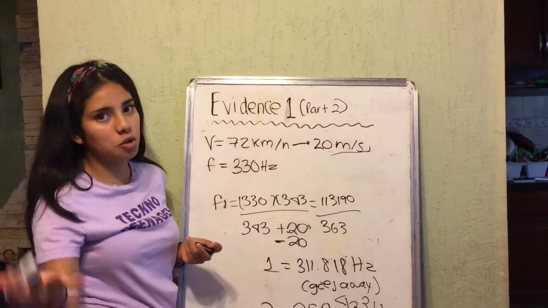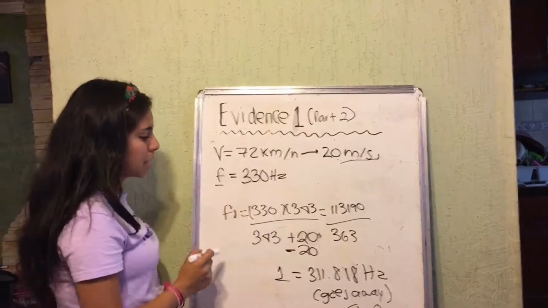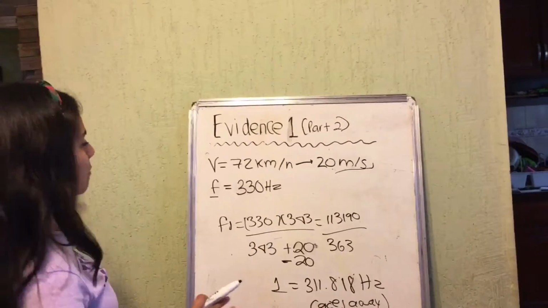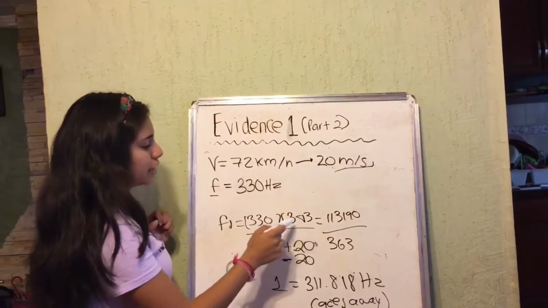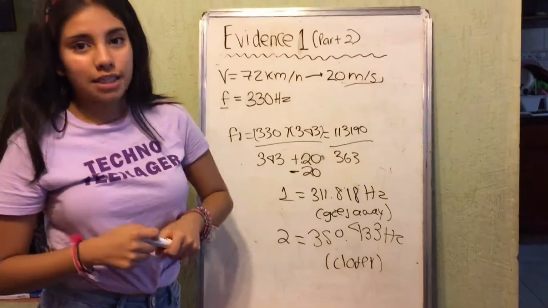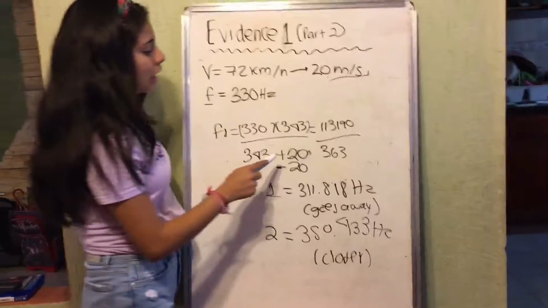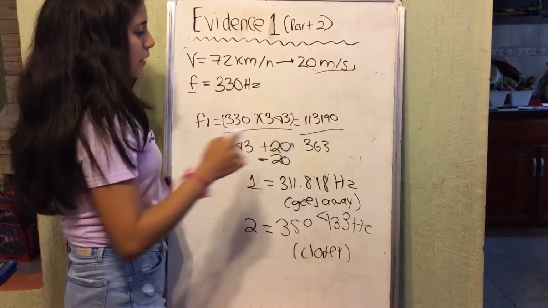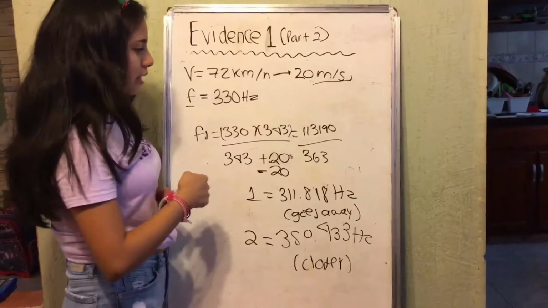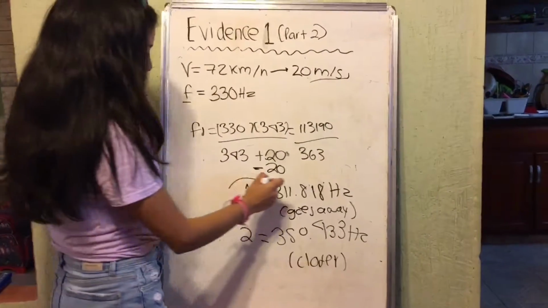We also have the frequency in hertz. So we multiply 330 times the speed of sound, 343, over 343 again, plus 20. In this case, we divide, and this is our first result.